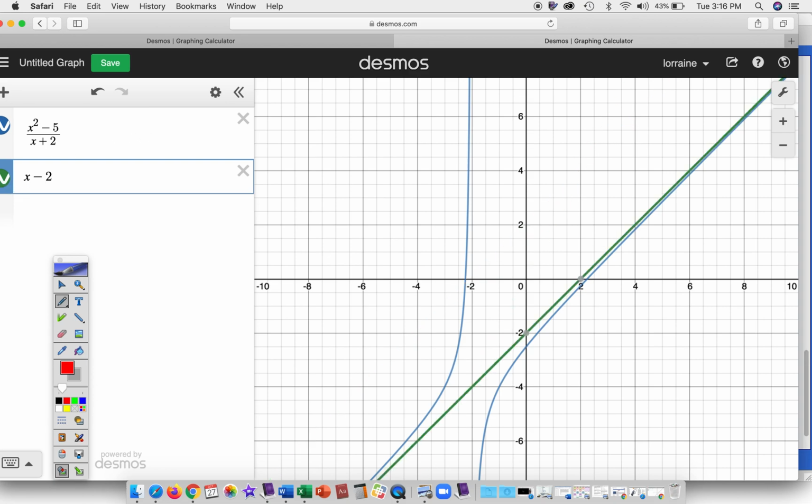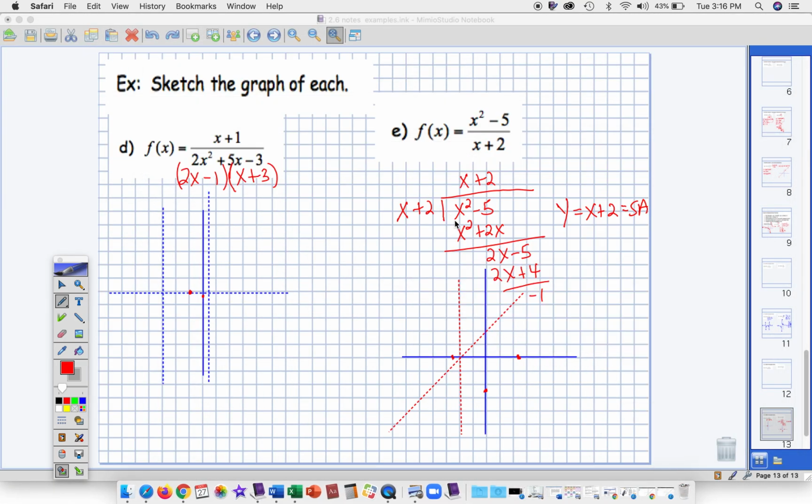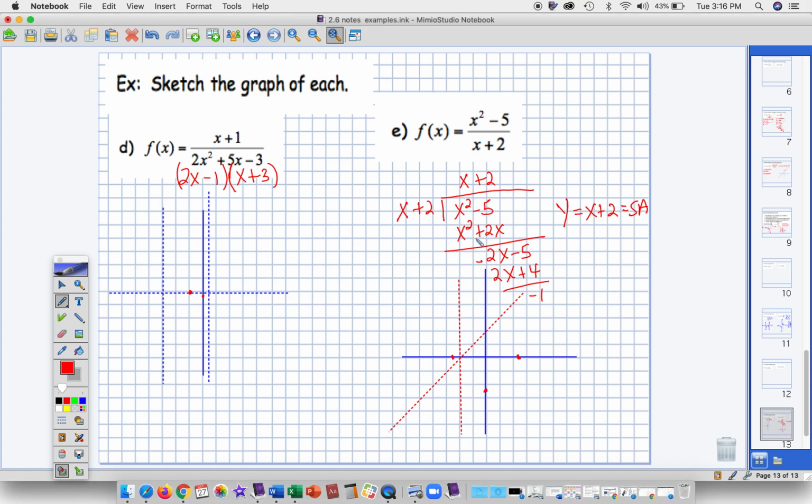There we go. X minus 2. Did I have that? Let me go back and check. Why did I have a... Oh, darn it. This is a minus... What did I have here? +2. You have to change those signs. So that's a -2. I apologize.